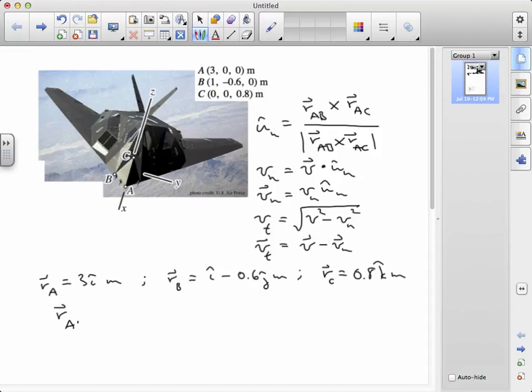Our relative position vector RAB is RB minus RA, and that ends up being minus 2I minus 0.6J meters. Our relative position vector RAC is RC minus RA, and that's minus 3I plus 0.8K meters.